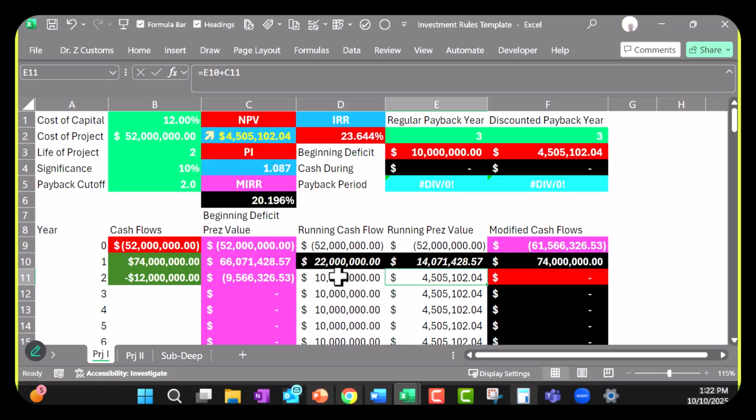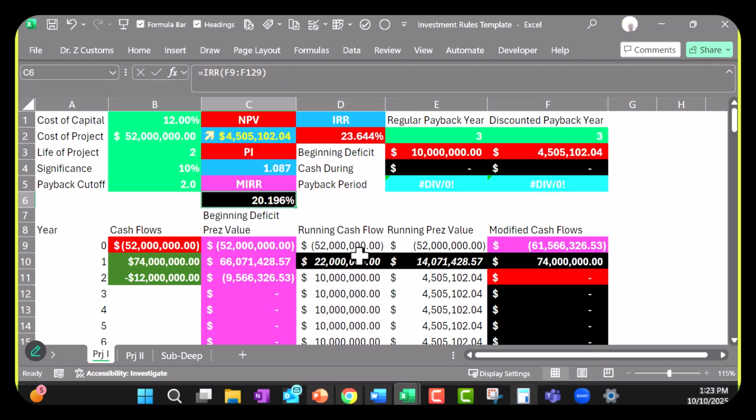Present value of that negative 12 million in year two is about 9.5 million. We take that and add it to the cost of the project. Once we modify it, it is a conventional cash flow, which means we can calculate an IRR for that, which is what modified IRR is.